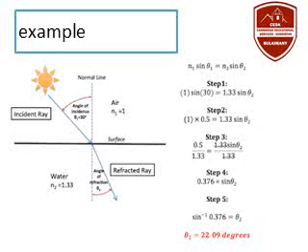So this angle is given, n1 is given, equal to 1. Okay, this is the boundary between two media, air and water. So here water, n2, is also given, 1.33.